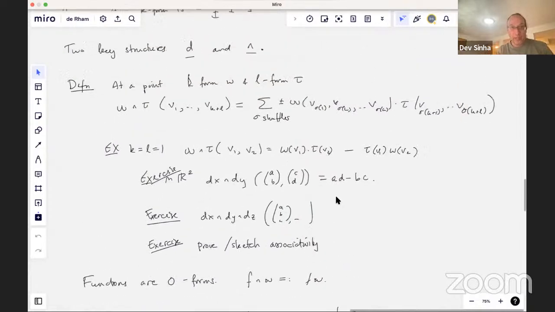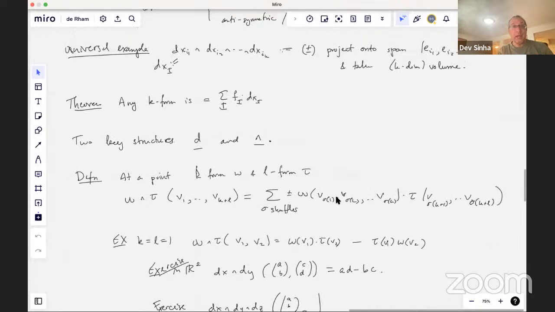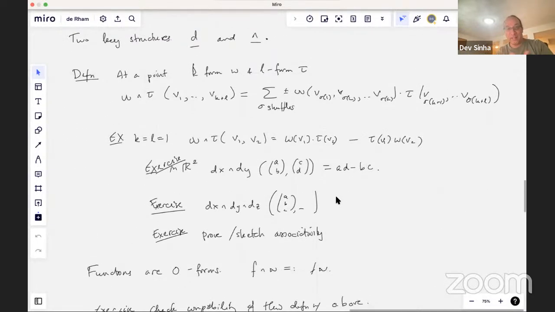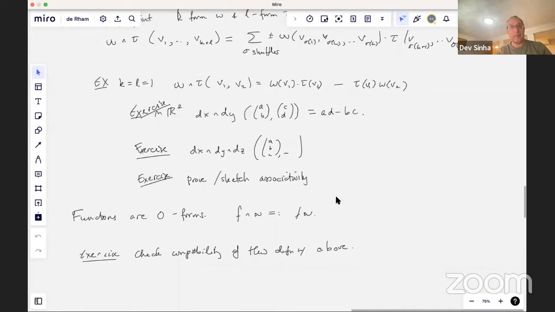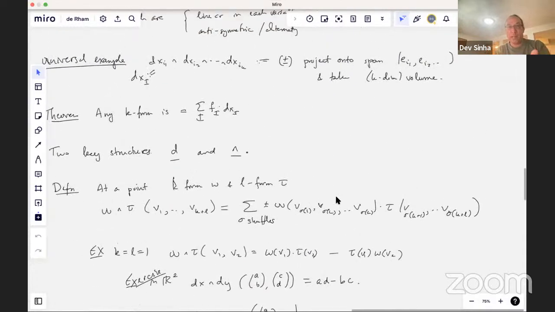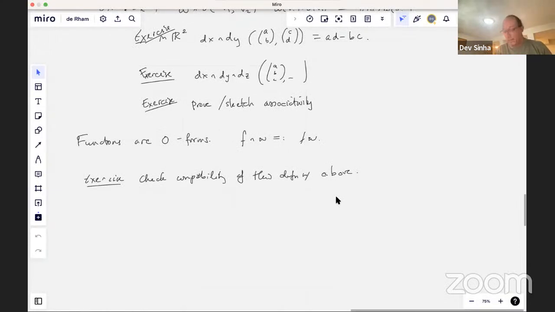I made one definition of dx sub capital I up here with wedge products, but I didn't define wedge product. Now I'm defining wedge product, and I want to say that you get the same answer whether you project and take volume or whether you use the wedge product. So that's wedge product, or exterior product.